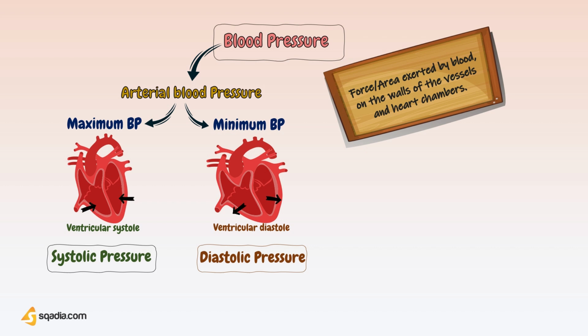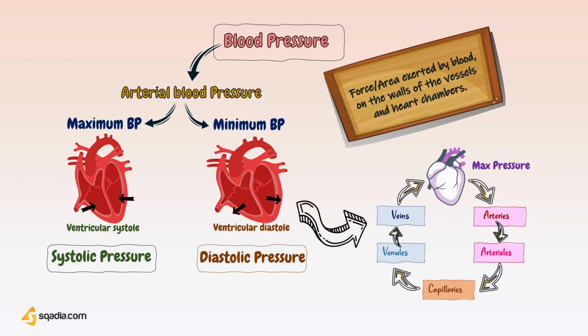Here, what happens is that in the aorta, the blood pressure is maximum because it is the immediate structure after the left ventricle. So when the left ventricle pumps blood, then it receives it with maximum pressure. And then the pressure continues to drop as it moves from aorta to arteries, to arterioles, to capillaries, to venules, to veins, and then to the right atrium, where pressure is minimum.